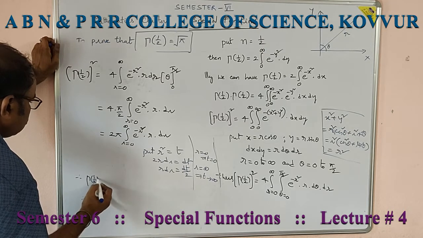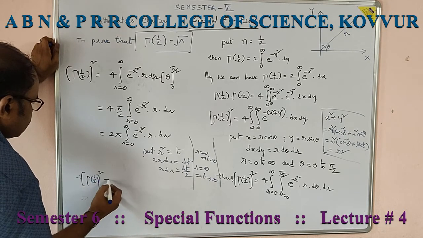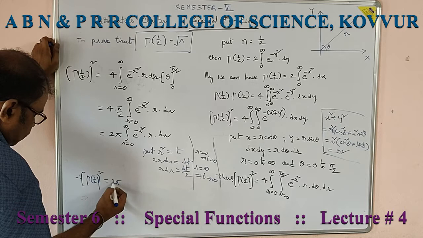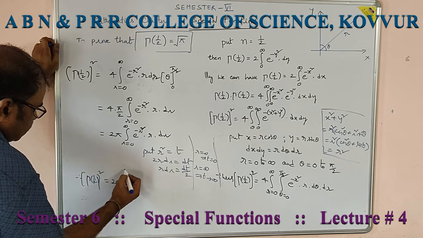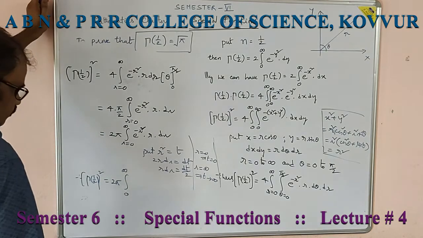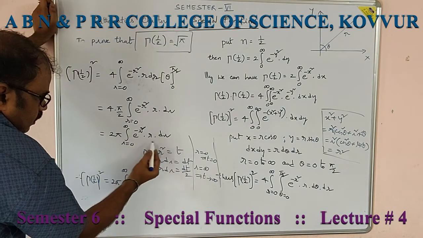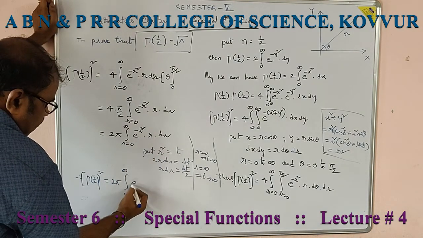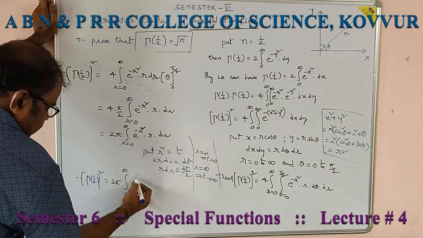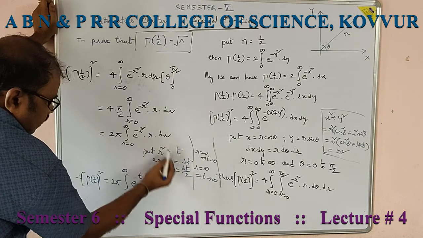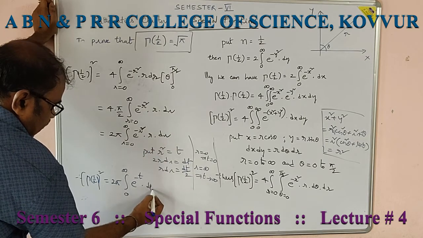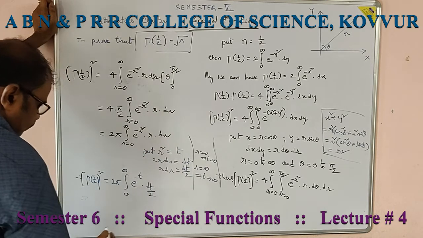Therefore, gamma 1 by 2 whole square is equal to 2 pi into the integral. Limits will not change, 0 to infinity. In place of e power minus r square, we have e power minus t, and r dr is nothing but dt by 2.